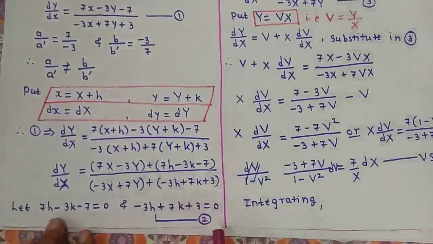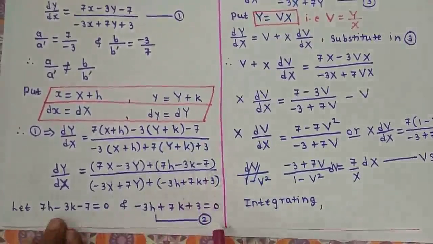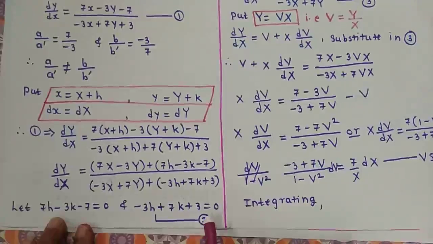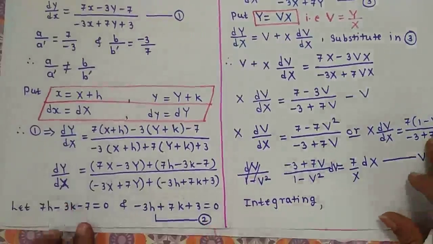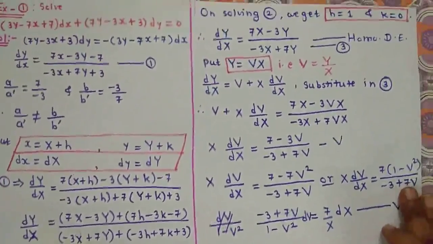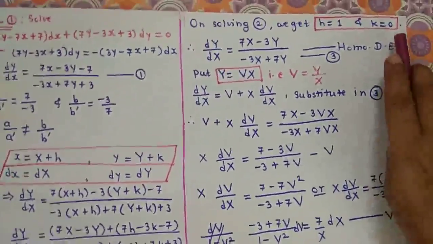By solving this equation number 2, we get values of h and k. With the help of a calculator, we solve equation number 2 so that we get the values of h and k. Here value of h is 1 and value of k is 0.